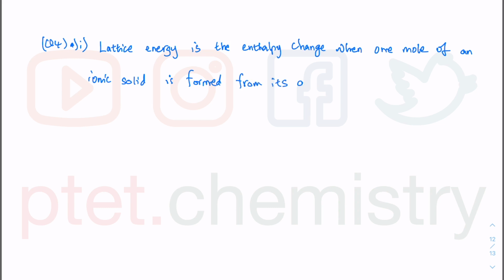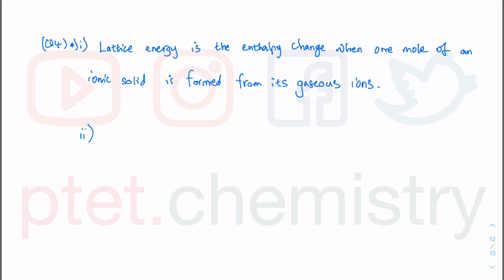So we're talking about formation of an ionic solid, which is why it has to be exothermic. In some other syllabuses, you could be looking at lattice dissociation, when you are breaking 1 mole of the ionic solid into the gaseous ions. Dissociation will be endothermic as a result. But don't worry too much about it. This is as stated by Cambridge International and what we use.